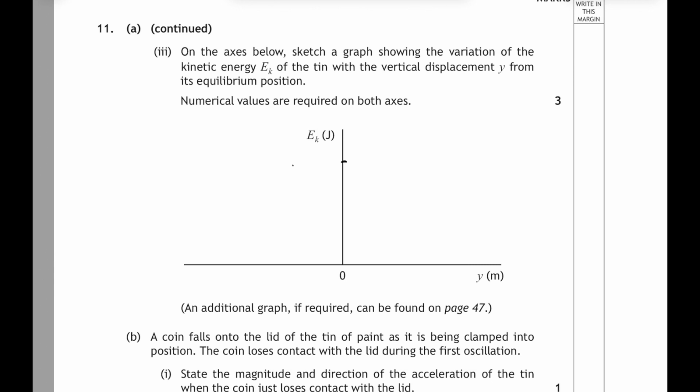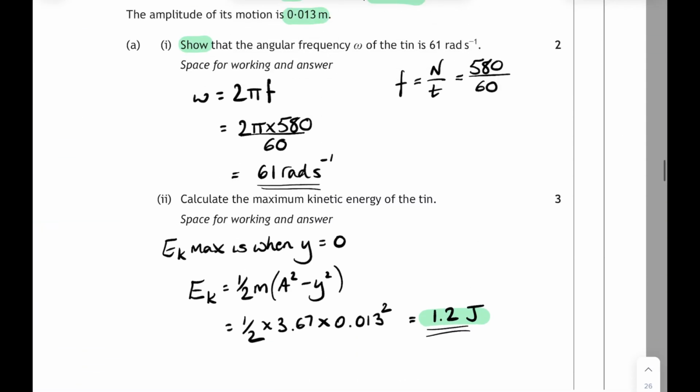Well, we know what the maximum kinetic energy is. It was 1.2 joules, and that is in the middle where y equals 0. And the kinetic energy is going to decrease as we go out to the extreme displacements. That was 0.013 meters, both in the positive and in the negative direction.